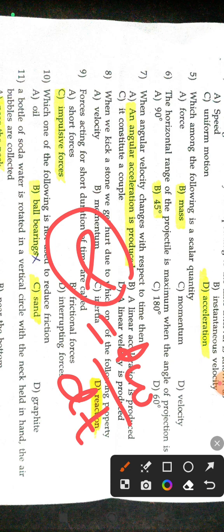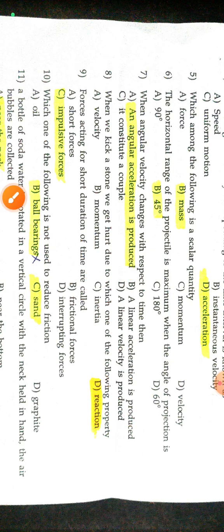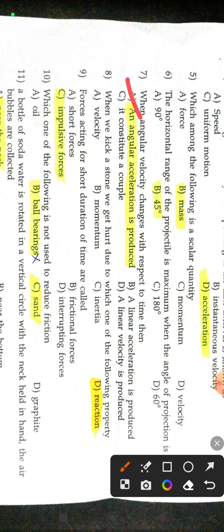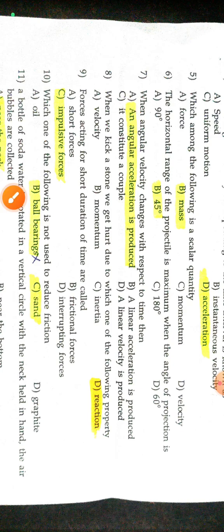That's why option A is the right answer here, because angular acceleration is produced. Linear acceleration means just change in linear velocity divided by change in time, right? That's why option A is the right answer.